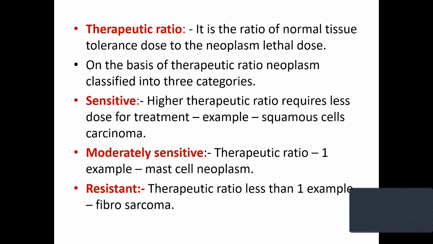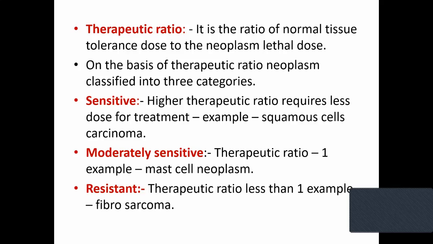On the basis of this therapeutic ratio, we classify tumors into three categories. First is the more sensitive one. More sensitive means having the highest therapeutic ratio, and it requires a lower dose of radiation for damage of the tumor cells.